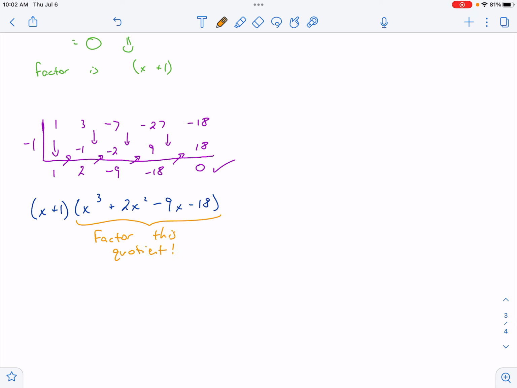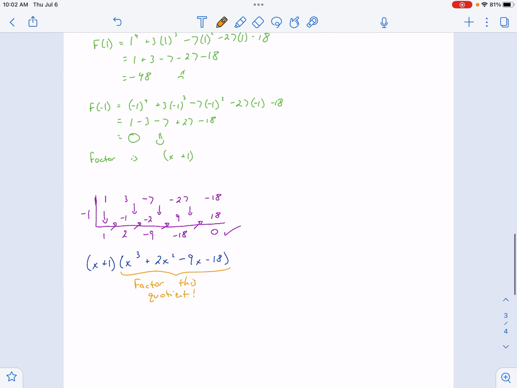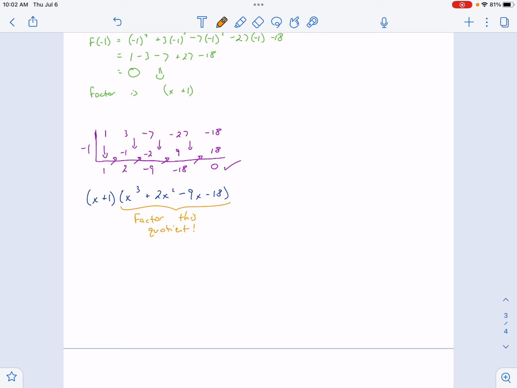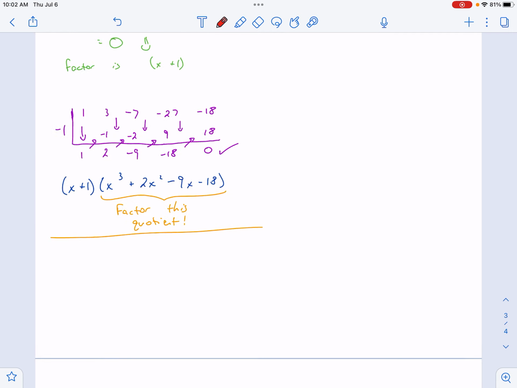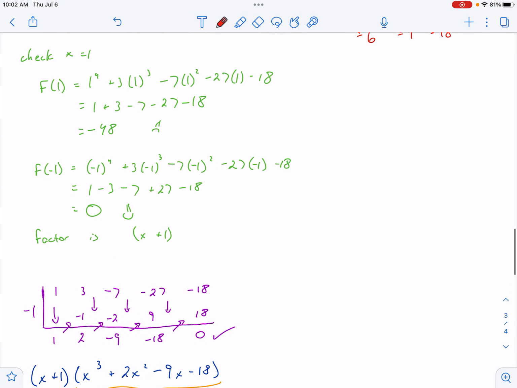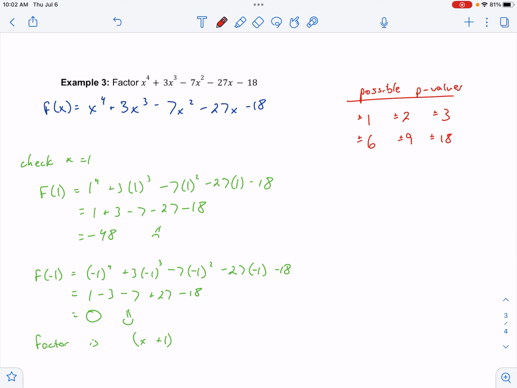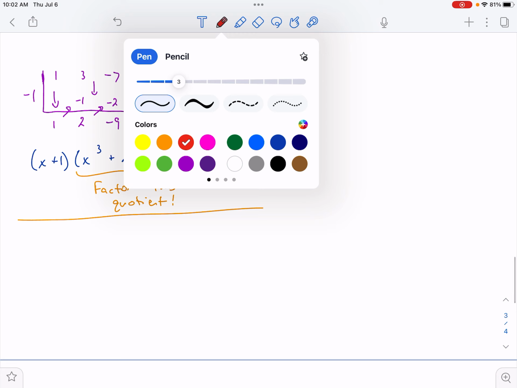That's what's got to come next. We need this in fully factored form. Okay, so let's start again. Let's find some possible p-values. Actually, they're the same because it's still 18, so I can use all my possible p-values from before. Okay, and let's check against this guy.